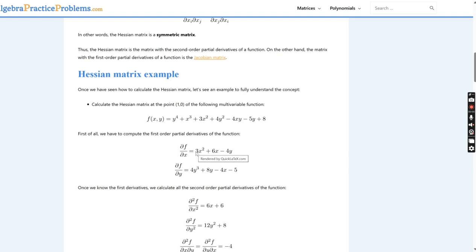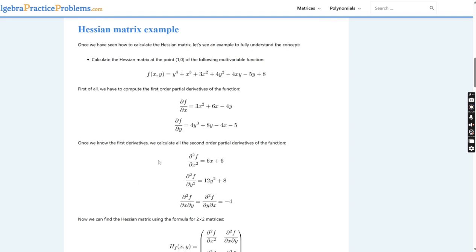With respect to x, the equation becomes 3x square, and so on, and with respect to y, the equation becomes 4y cube. When you get this, you further differentiate it again, and you will get 6x plus 6, and 12y square plus 8. So you are differentiating 2 times.